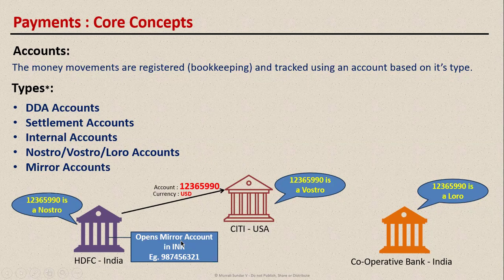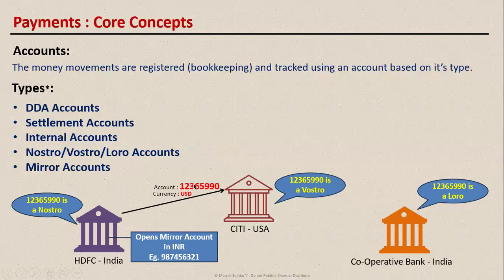So when I say transfer $100 to someone, the equivalent of $100 will be credited here. Okay, so 100 into 80, so 8,000 will be credited here. So finally the balance would be 88,000, whereas $100 is debited, so it will be $900, right?